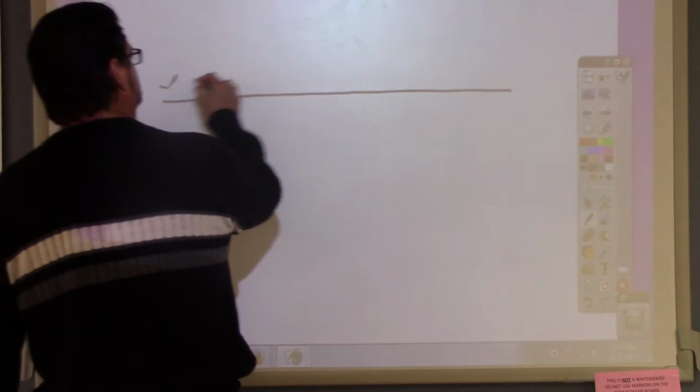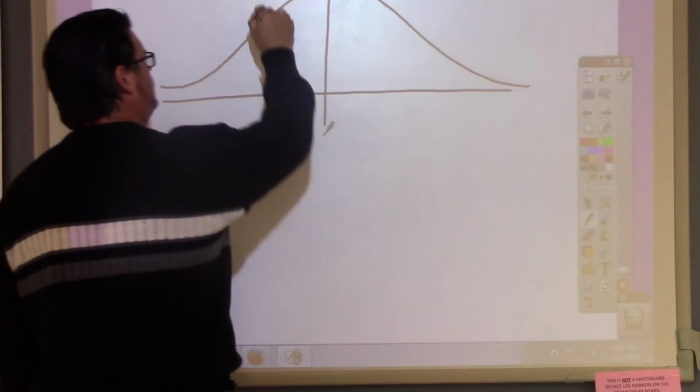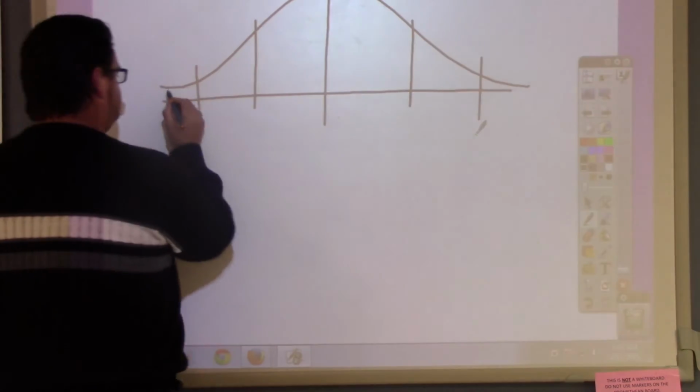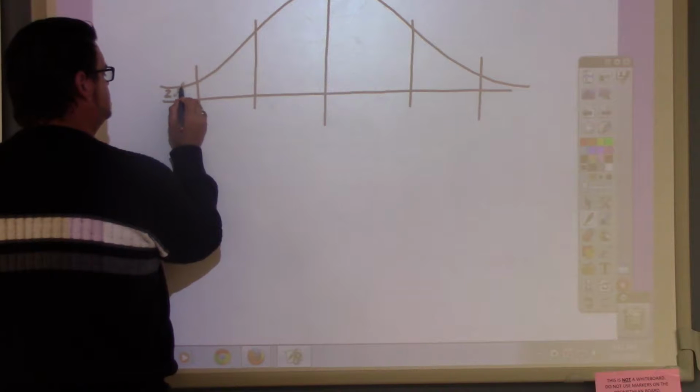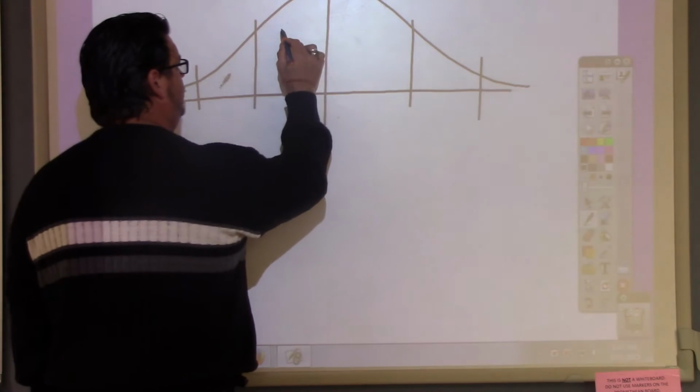All right, the empirical rule basically says this. You've got to help me with this one because I forget this one.